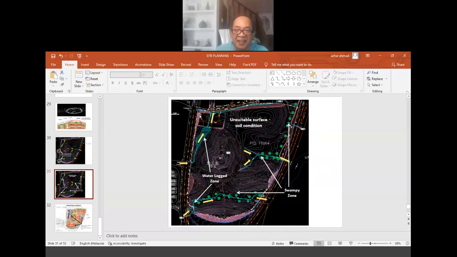We can safely say that these three particular zones will be soft zones where it is waterlogged and also swampy, and suitable foundation has to be properly designed for buildings located all along this area.